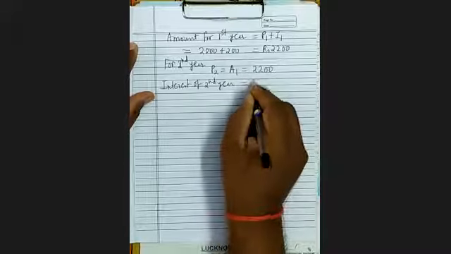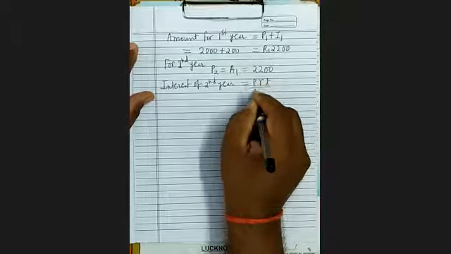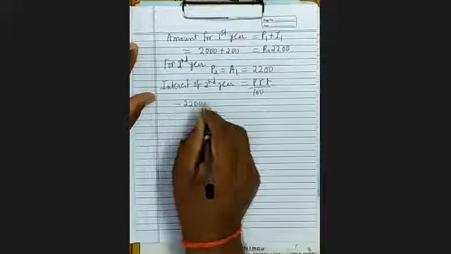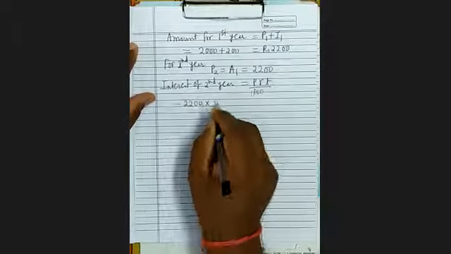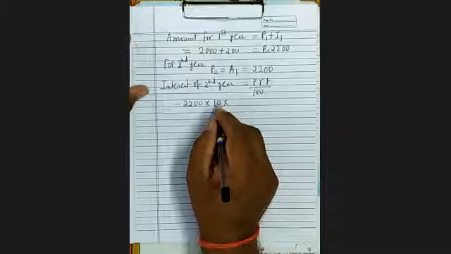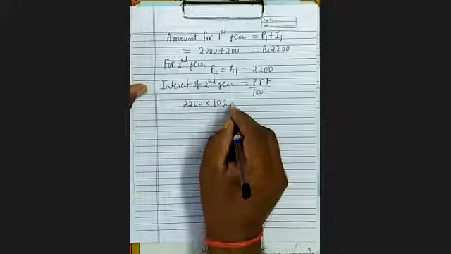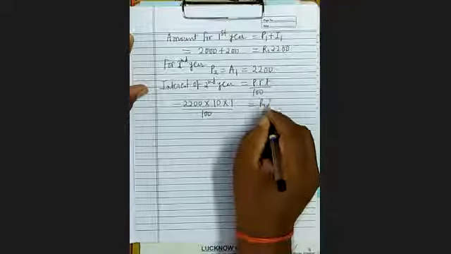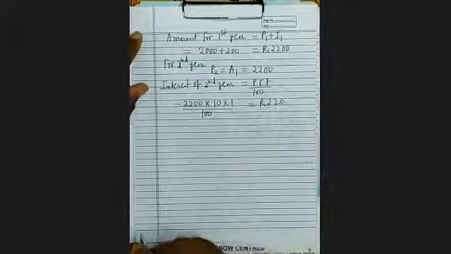What is the formula? PRT upon 100. That is 2200. Rate is how much? 10. Time is how much? 1 or 2? 1. 1 divided by 100. So it will be equal to ₹220.